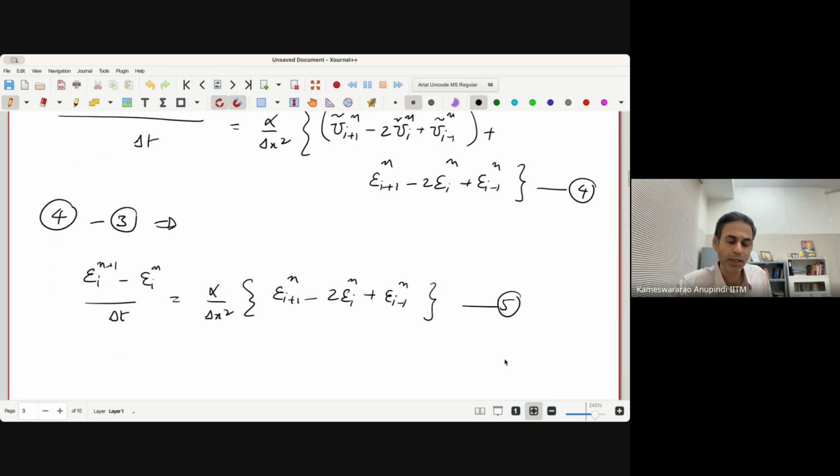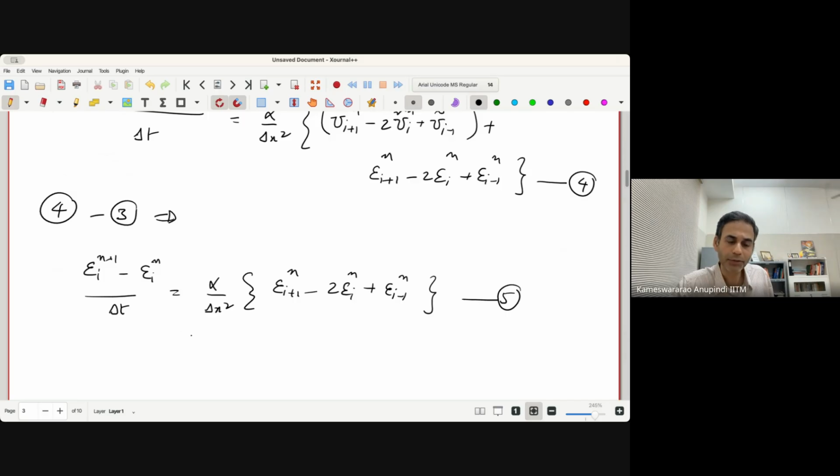This is the equation I got by subtracting 3 from 4. Now what you see is that I got an equation.